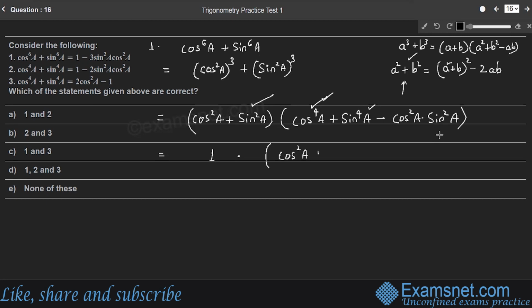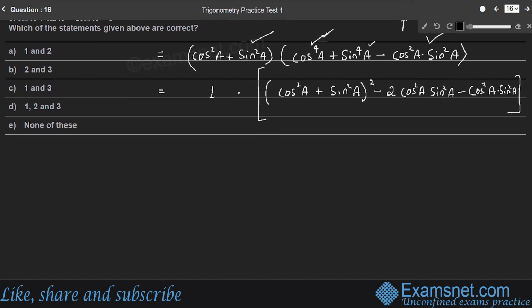Here a is cos square A, b is sin square A, the whole square, minus 2 times ab. Ab is cos square A into sin square A. So this is the first term. And the last term is minus cos square A into sin square A.